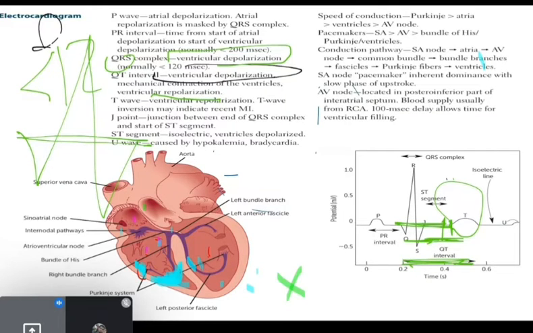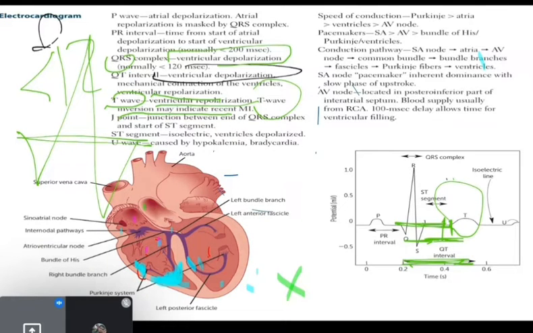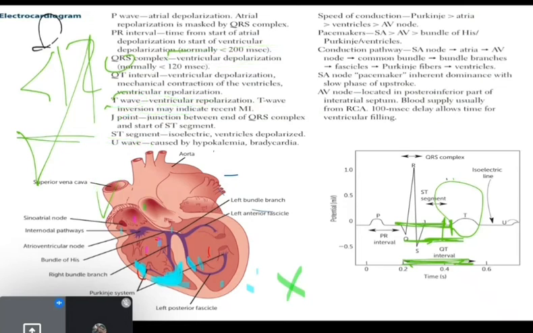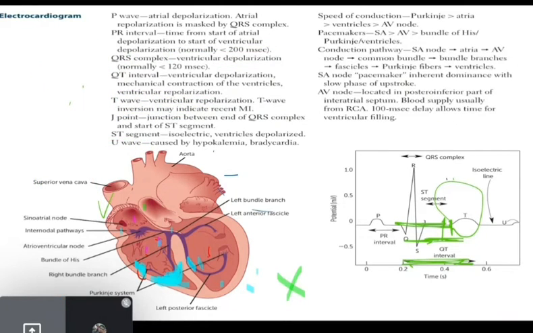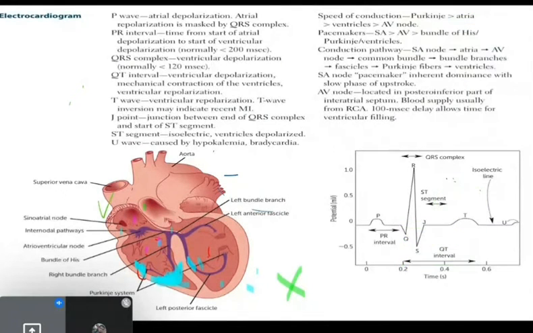Now the T wave is the ventricular repolarization, which is the ventricular relaxation. Inversion of the T wave may indicate recent MI. You know that inversion of the T wave is abnormal. As you can see on the picture, the T wave is an upward wave.